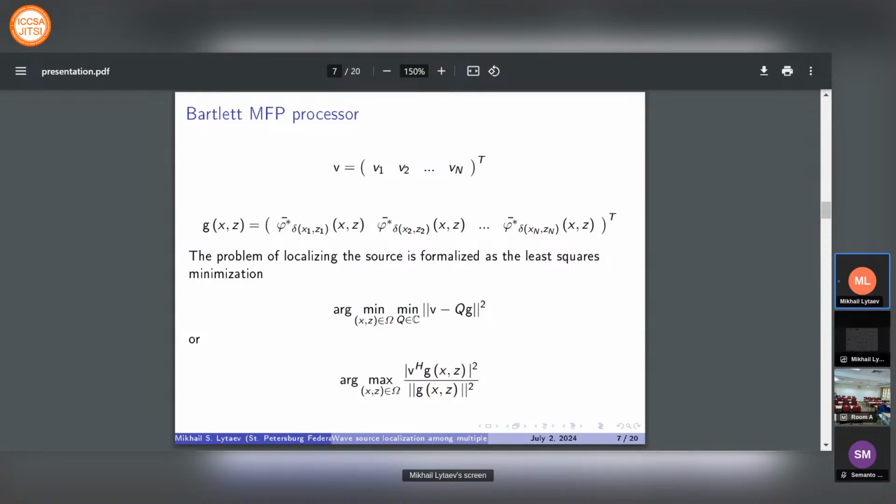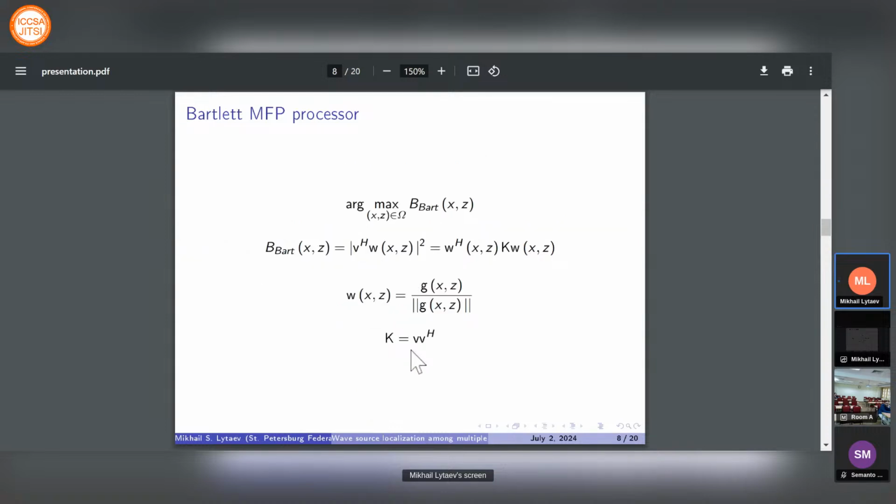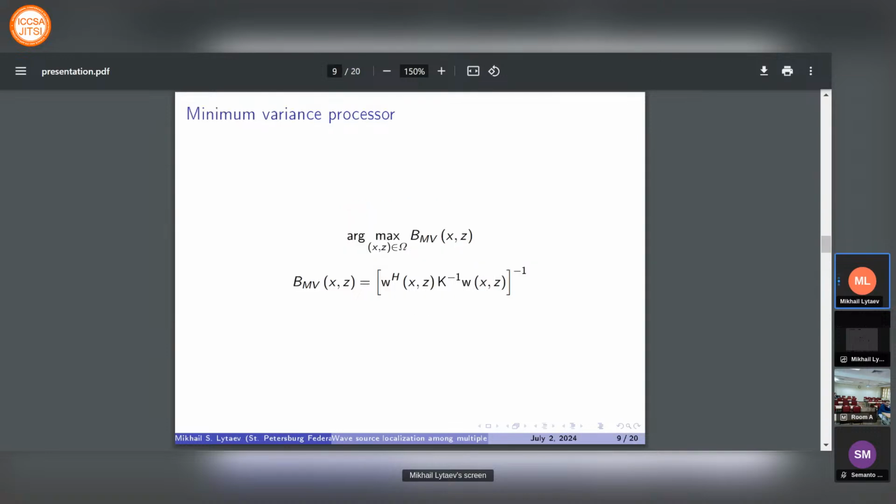So we can formulate our problem as a following minimization problem, or we can write it as follows. Another approach is the minimum variance processor, which is also defined as depicted.